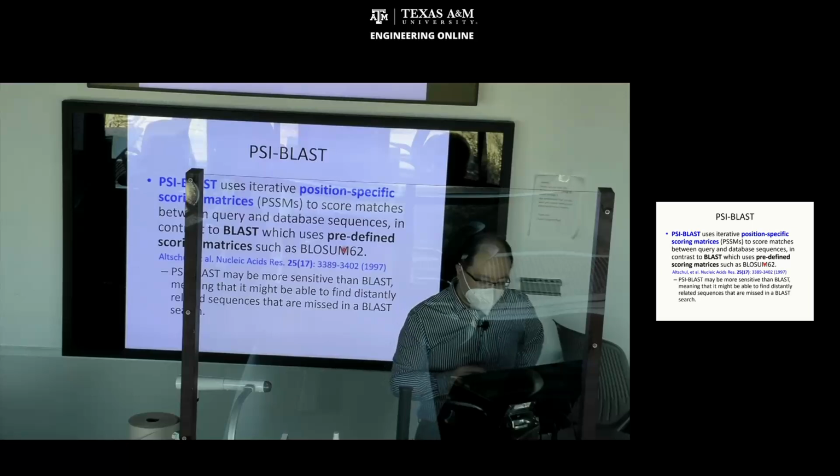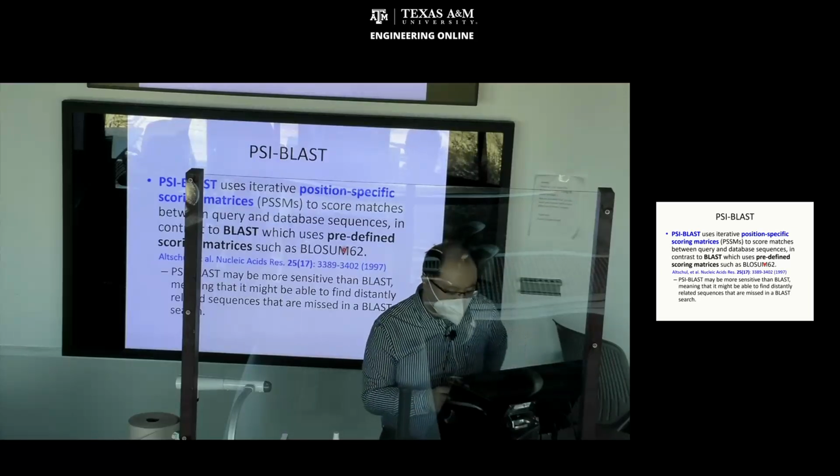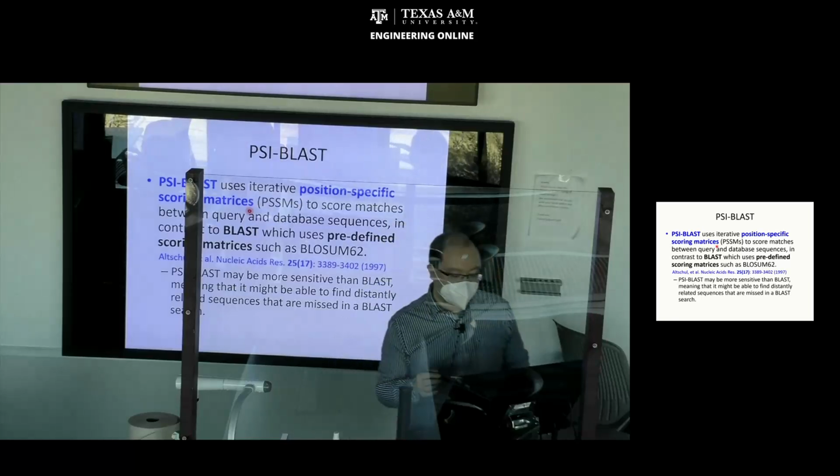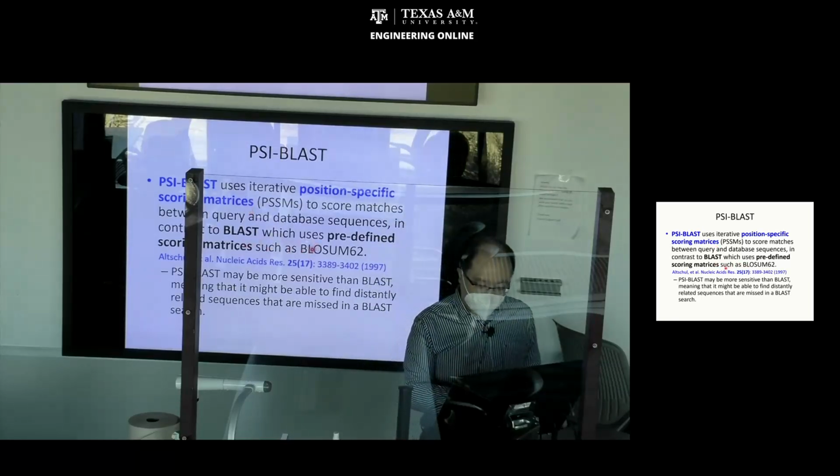So what PSI-BLAST is better at than BLAST is that it's more sensitive, okay? It's not using the predefined scoring matrices like BLOSUM62. It's actually building a position-specific scoring matrix specifically for the query protein, okay? So in the case of BLAST, it's always using a fixed, predefined scoring matrix like BLOSUM62, right?